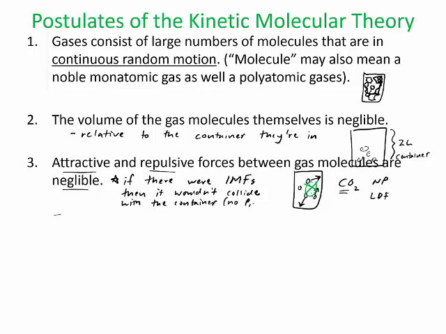It wouldn't show temperature. It wouldn't cause collisions. And if it were a flexible container, it wouldn't change in volume either. So it wouldn't behave like a gas anymore if the molecules were attracted to each other. It would actually start becoming a liquid, which is not a gas.